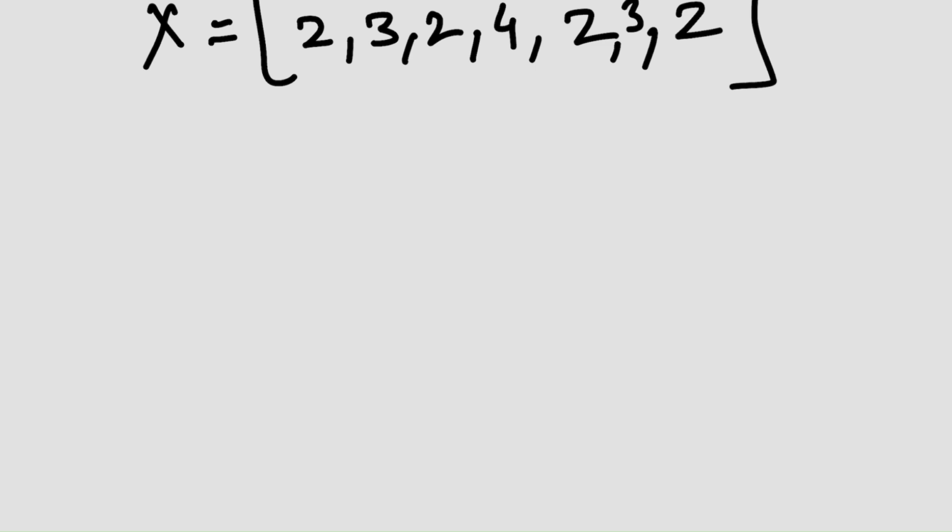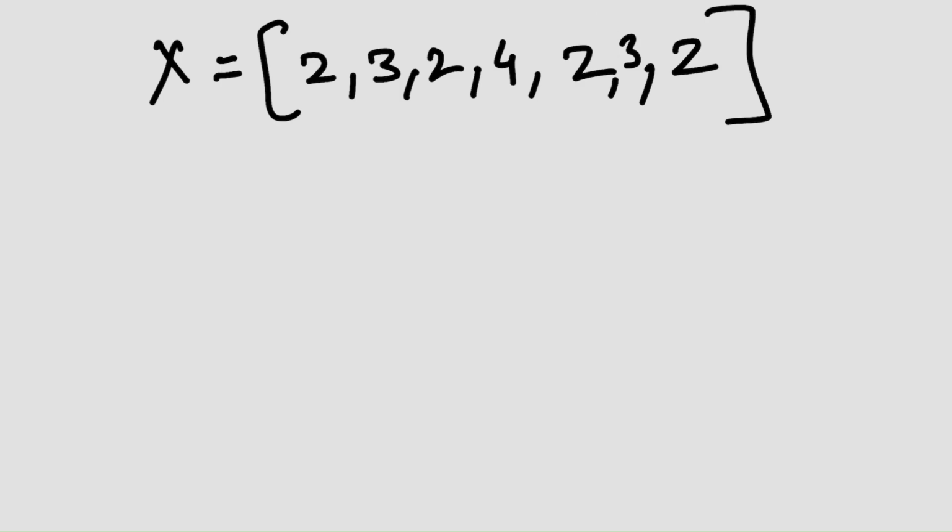Alright. So why are we using this kind of measure? Suppose we have this data set X equal to 2, 3, 2, 4, 3, 2. This represents the number of bedrooms in the houses that we were having a look at earlier.